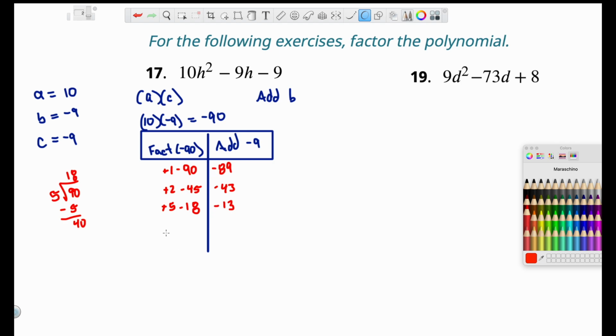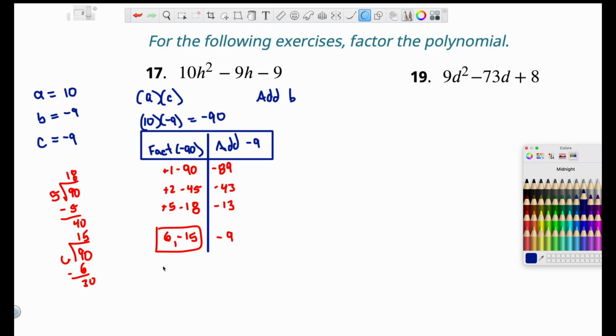So now let's try 6. Let's see if 6 goes in. 6 should go in, right? 6 and negative 15. And if I add those, I get negative 9. And that is my pair right there, 6 and negative 15.